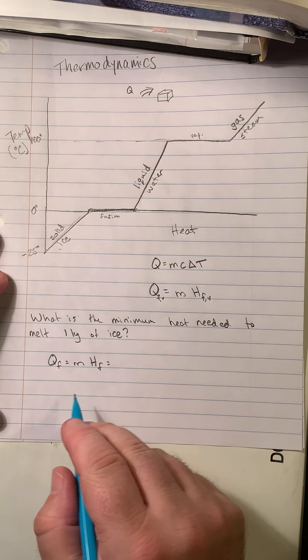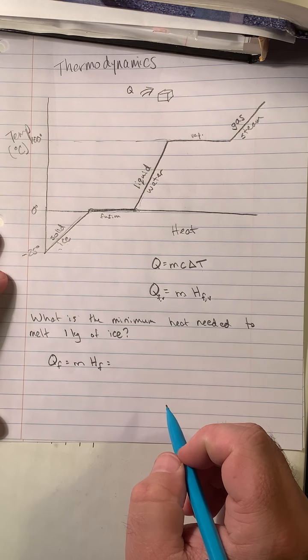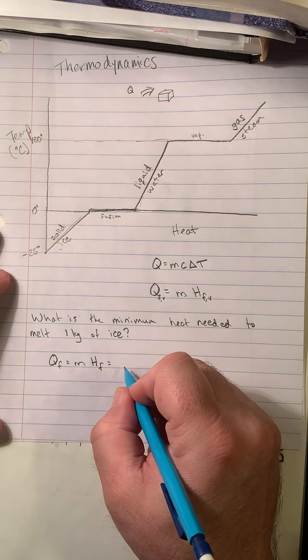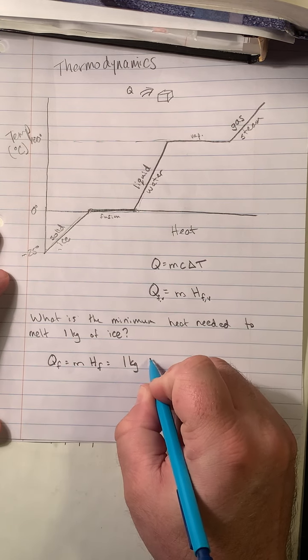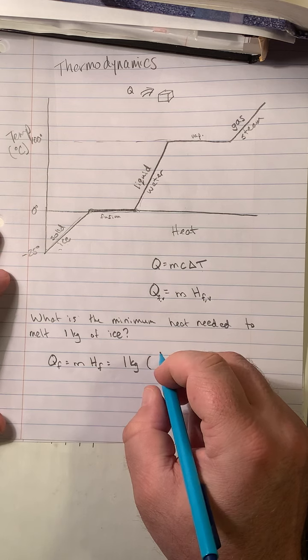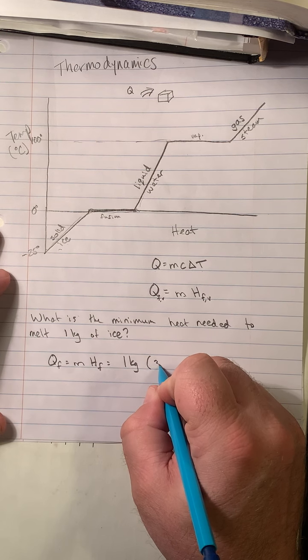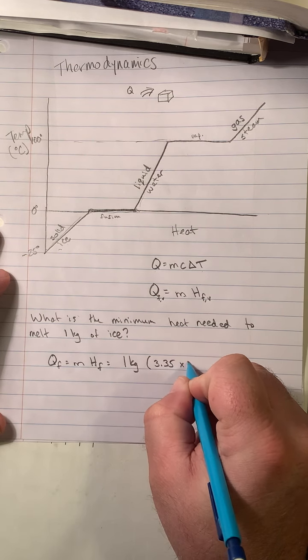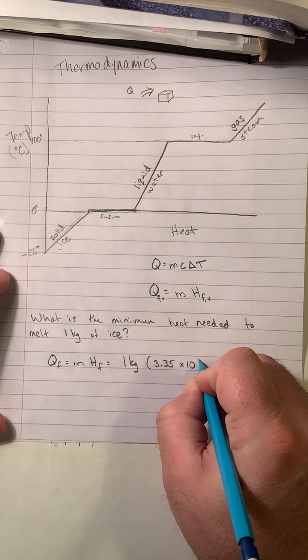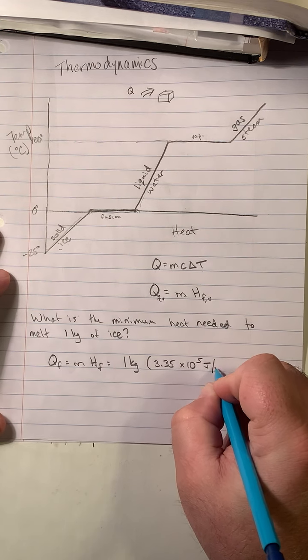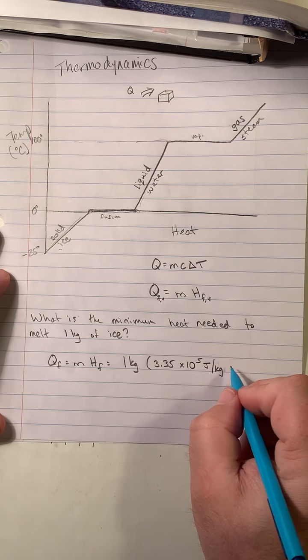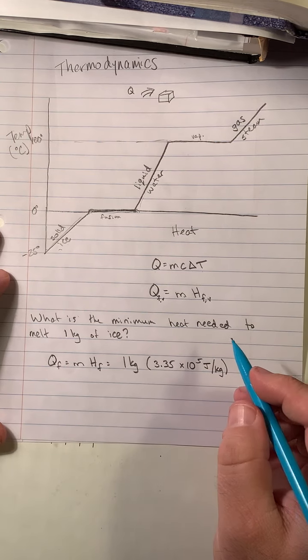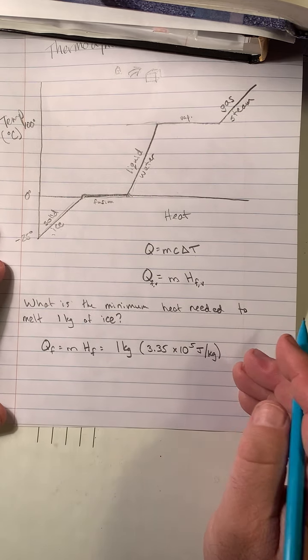Okay, so if I want to find out the minimum amount of heat needed to melt the 1 kilogram of ice, I'm going to have 1 kilogram of ice times the heat of fusion, 3.35 times 10 to the 5, and that would be joules per kilogram are my units. And of course, I made this one nice and easy so you can see the concept.